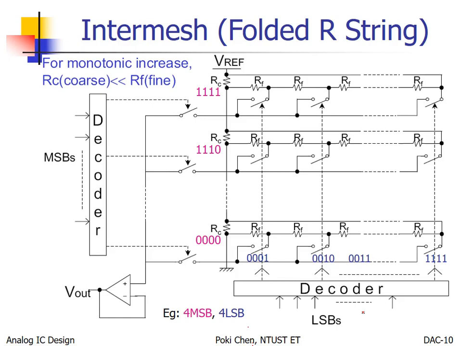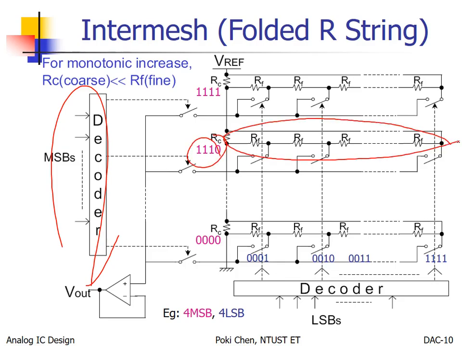In this way, we can go further. How can you go further? You can see when I select, for example, if it is this one, then I only need to apply 5 voltage division through the help of this R string. For all the others, they can be turned off.